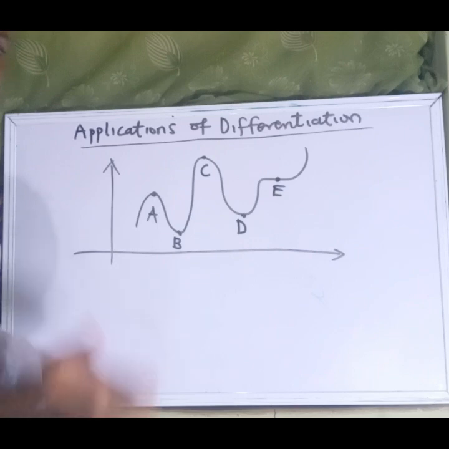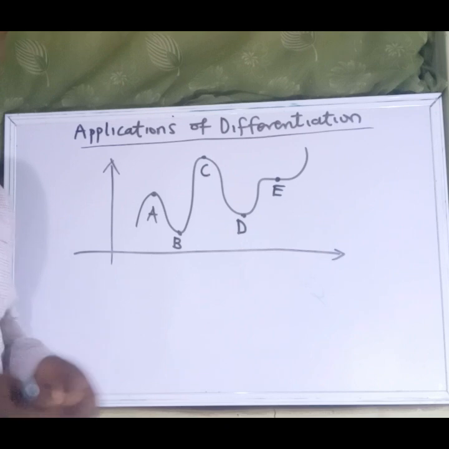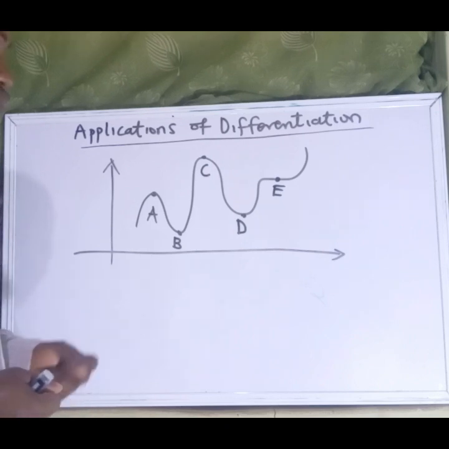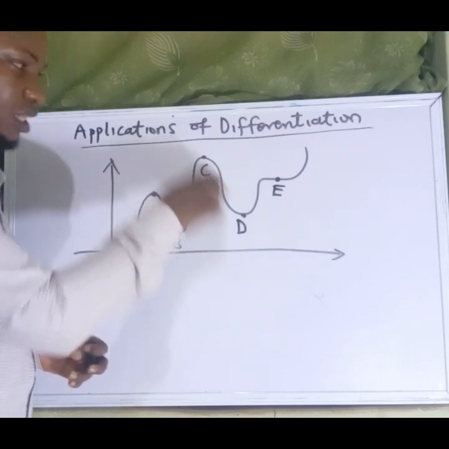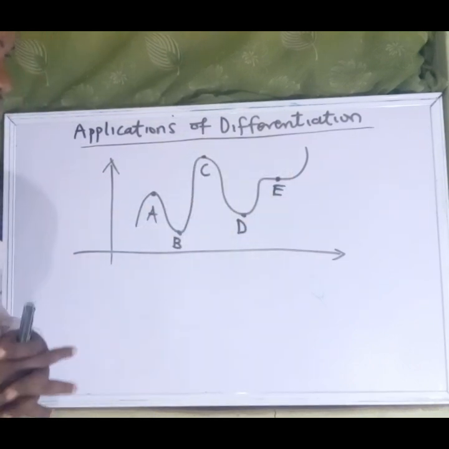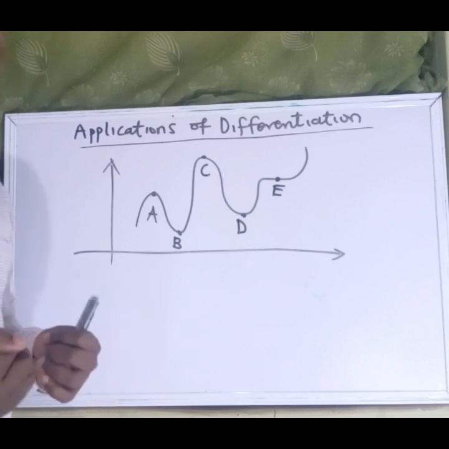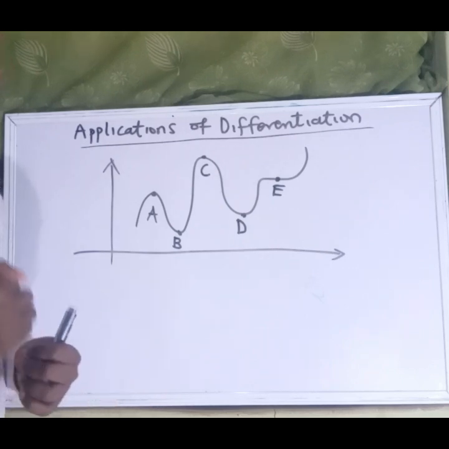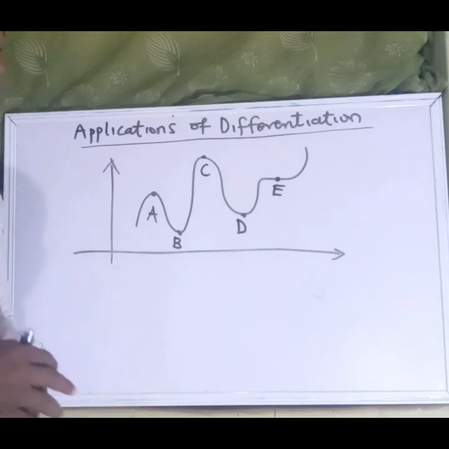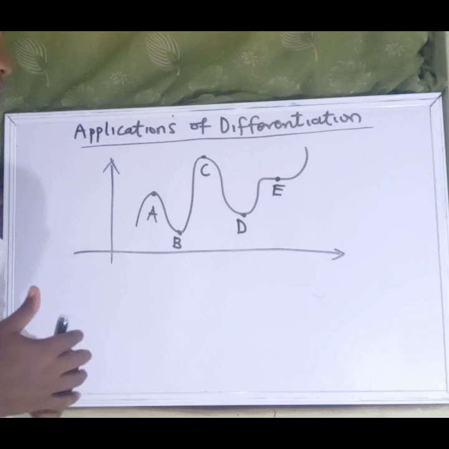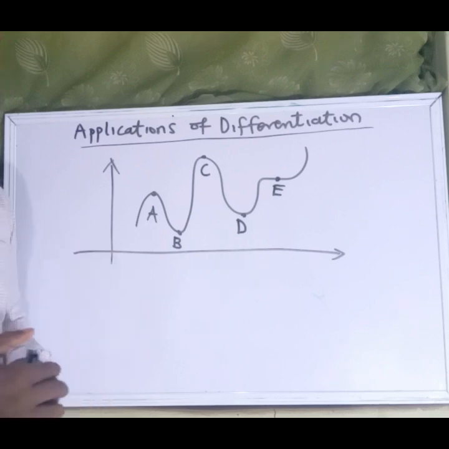But today we want to look at how we can use the concept of differentiation to determine the shape of a function like this. Okay, and we'll start by recalling the definition of a derivative of functions, and from there we'll come up with a method for determining whether a function is either maximum or minimum.